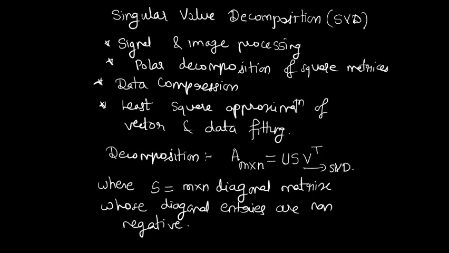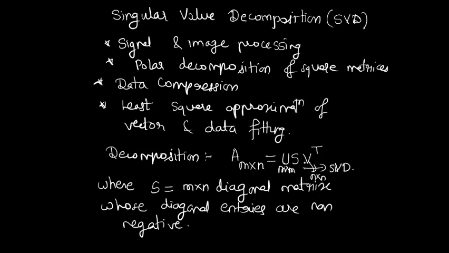Remember here the size of the matrix A is the same as S. Then what will be the size of U? The size of U will be m by m. It's always a square matrix. Again, what will be the size of V? It is n by n, again a square matrix.